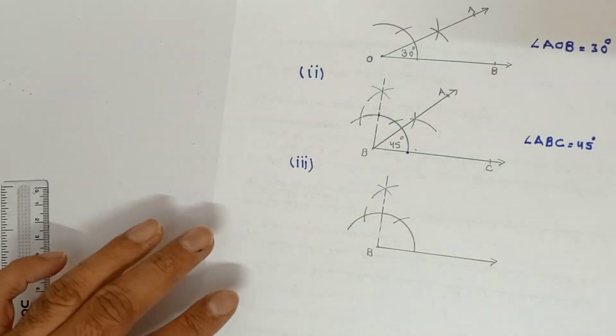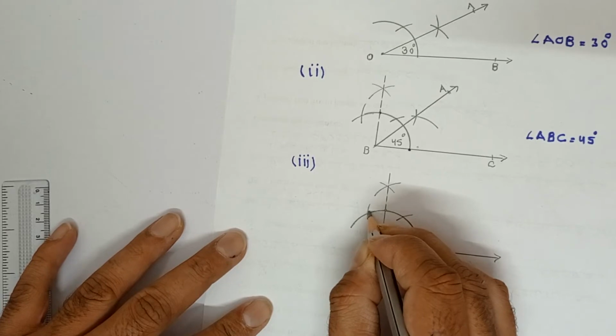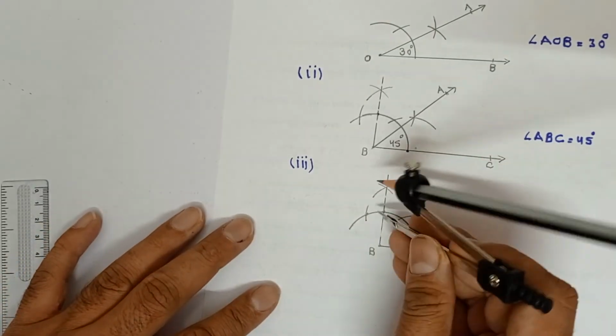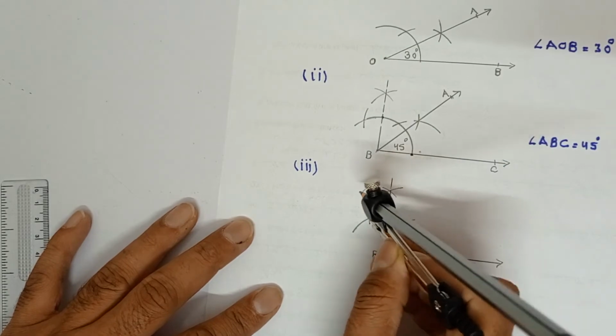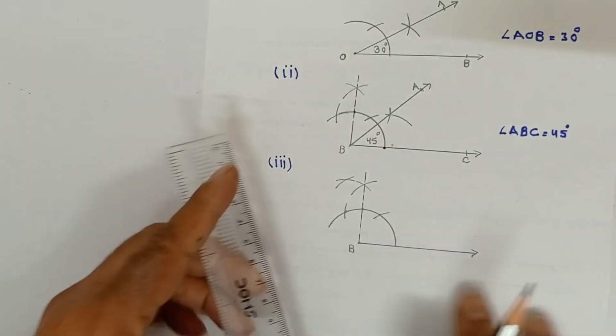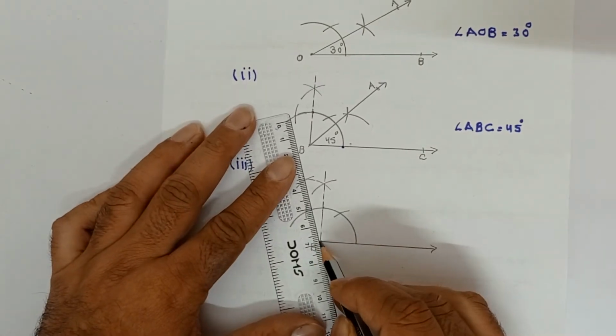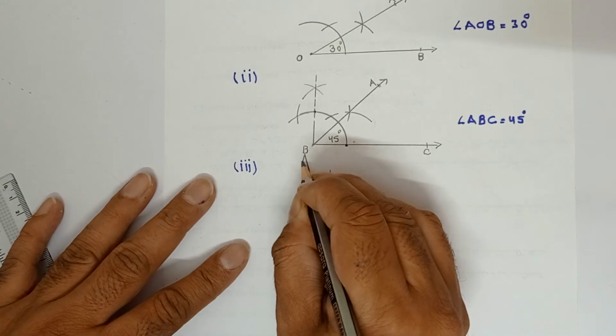Now for 105, you need to bisect 90 and 120. So one time from 90, this is an arc, and then from 120, this is another arc. So extend it. This is arrow.